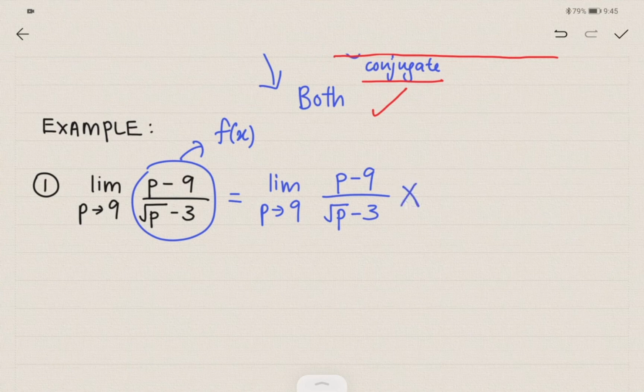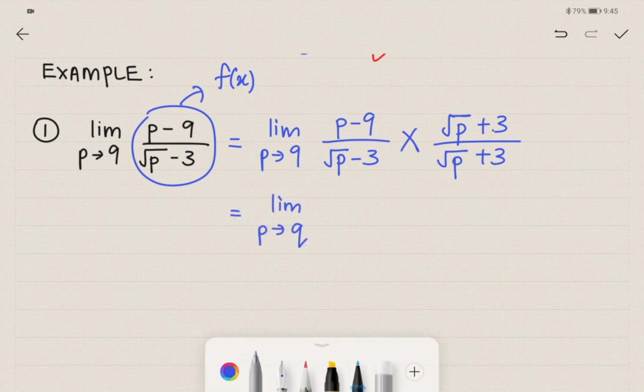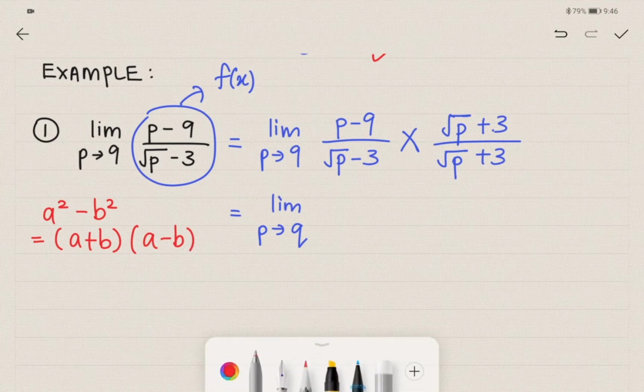We multiply with the conjugate of square root of p minus 3, which is square root of p plus 3. Note that here we use the concept of a squared minus b squared equals a plus b times a minus b, so at the denominator we can use this concept.